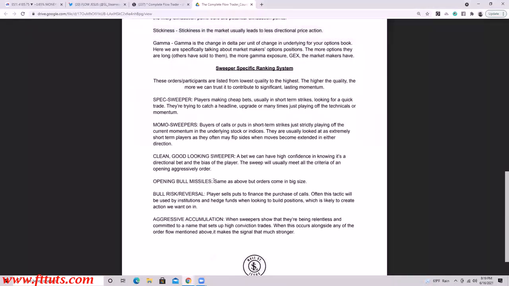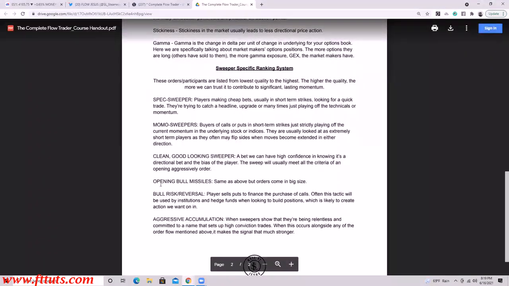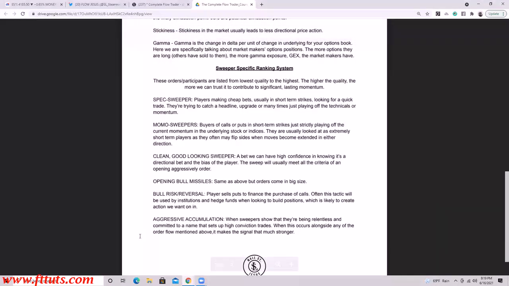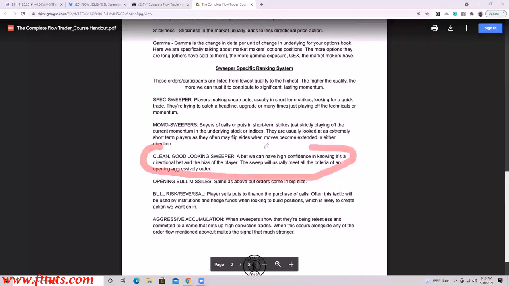Opening bull missiles, right? That's slang that I use, and where it came from is just excitement. Because what it is, it's clean, good-looking sweeps where I have confidence in the direction and the bias behind the order, the player placing that order.